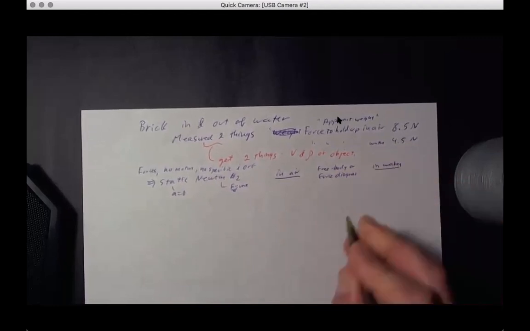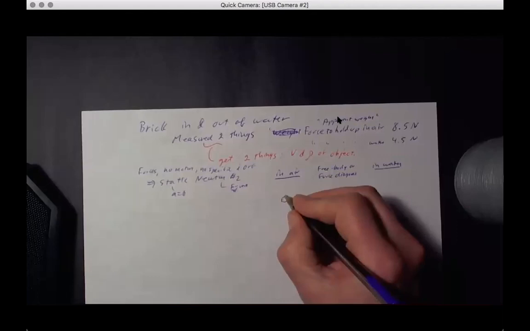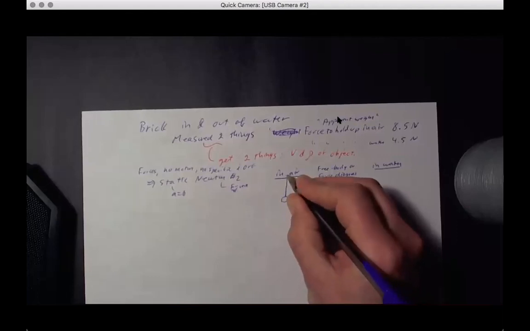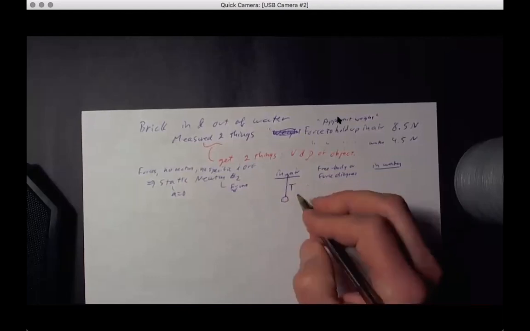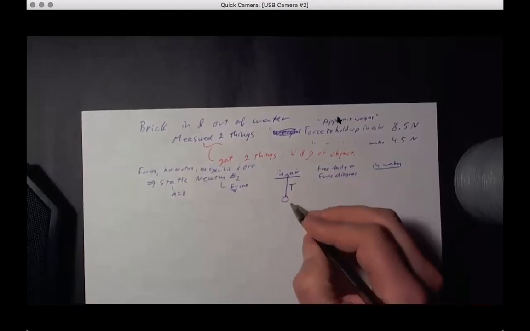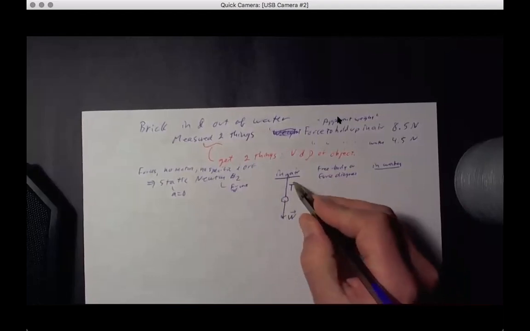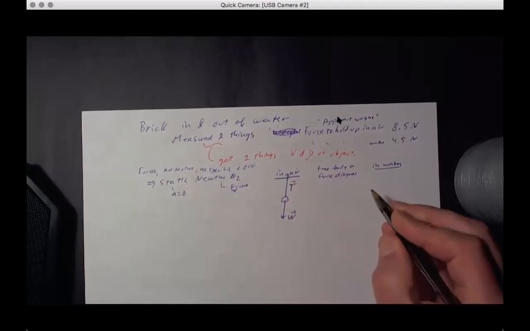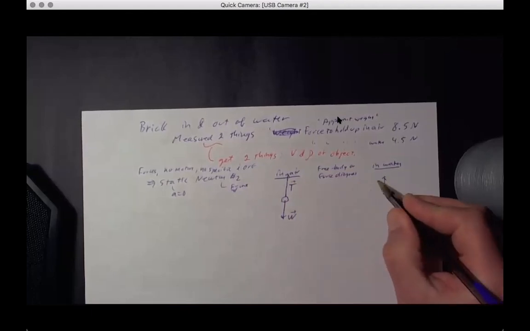So in air, we have our little block. It has tension going up in that little string we're holding, and going down is the weight. And in water, we have the tension that's going up, it's weaker.